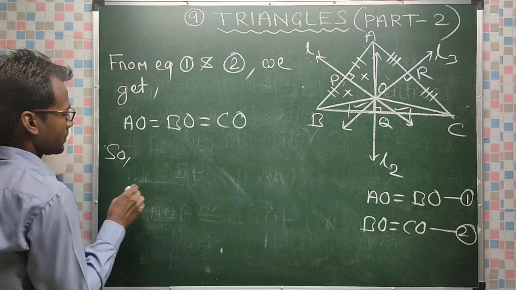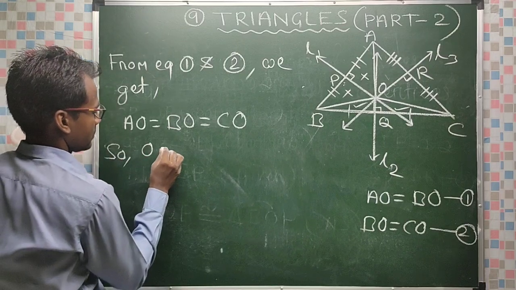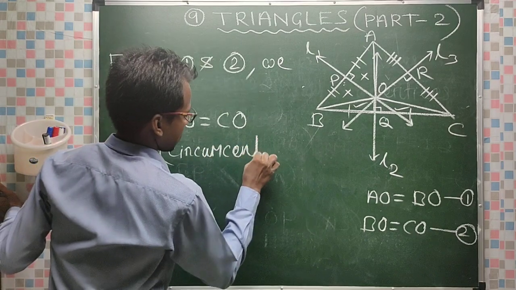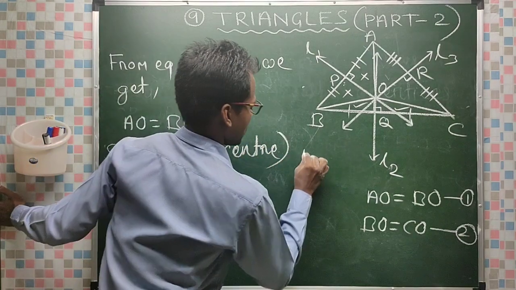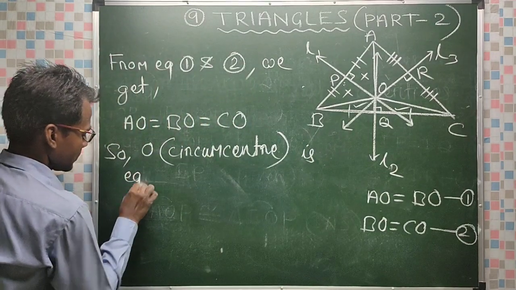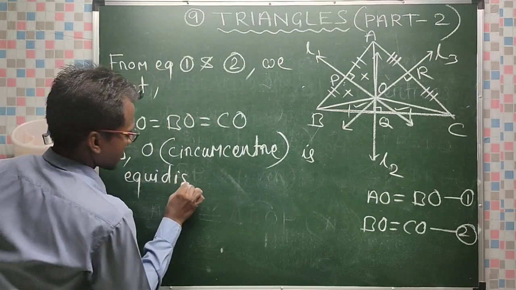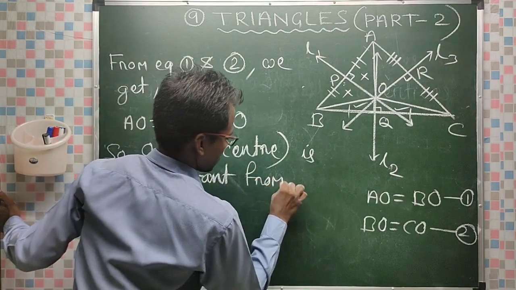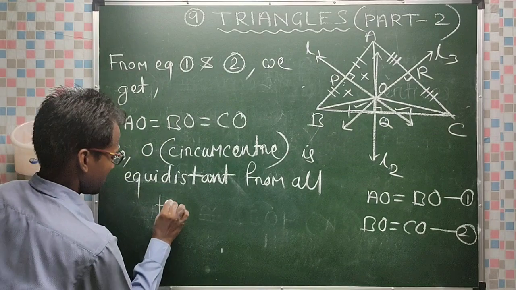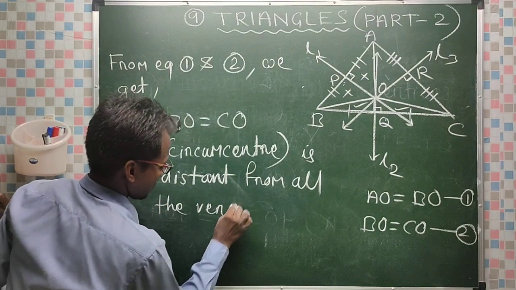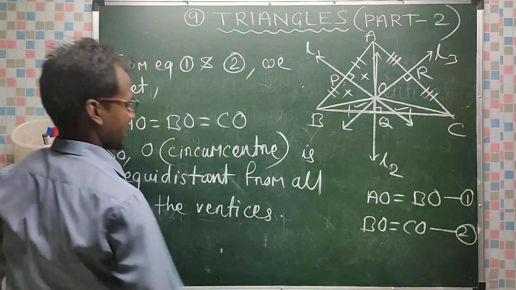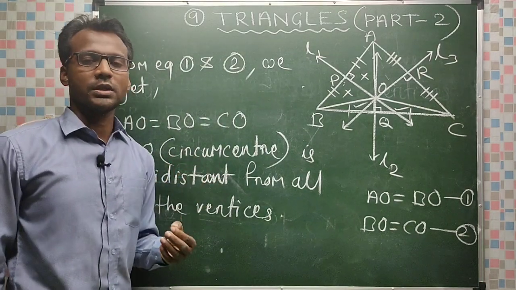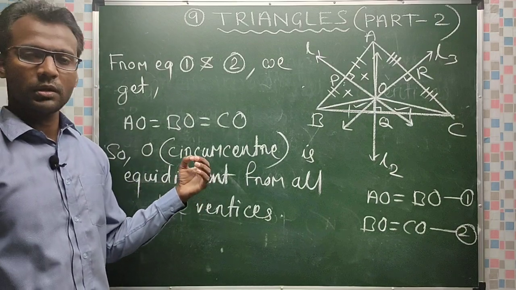So, O means circumcenter is equidistant from all the vertices. Okay, so the circumcenter of any triangle is always equidistant from all the three vertices of the triangle, hence proved.